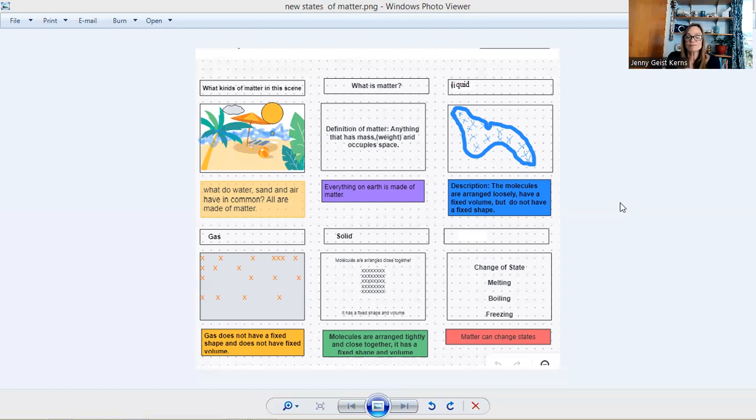No. Okay, yes, gases can change state. If you have water vapor, for example, condensation, it will become a liquid. That is an example of a gas changing state.